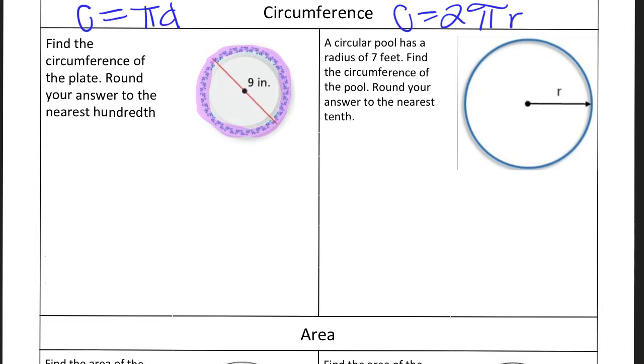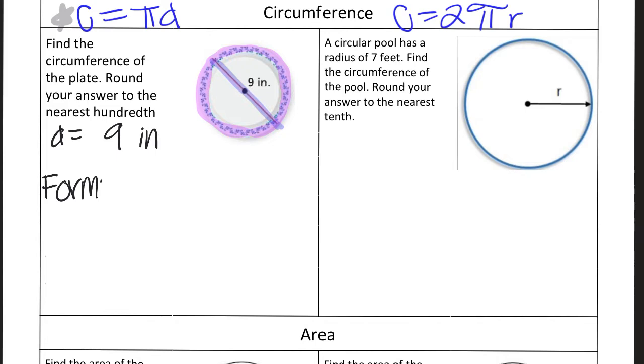And we're going to round our answer to the nearest hundredth. Okay, so this measurement that's given to us across the circle, well, since it's across the whole circle, that's our diameter. So I can use this formula. So I always start by writing the formula first. That's right, our diameter is 9 inches.